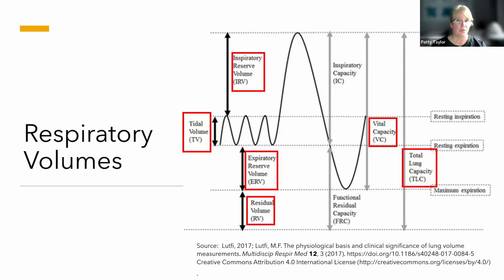Keep in mind, residual volume is not going to be considered exchangeable. That's the air remaining behind in your lungs to maintain gas exchange. So total lung capacity is tidal volume, IRV, ERV, and residual volume. Or to make it simple, total lung capacity is just vital capacity plus that extra residual volume.